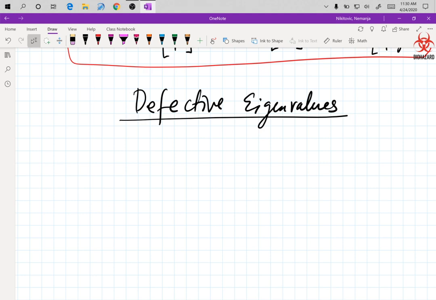So now let's take a look. For the defective eigenvalues, I am going to use A equals 1, negative 3, 3, 7, right? Let's write a nice equation, right? So that's going to be dx/dt equals, there we go.